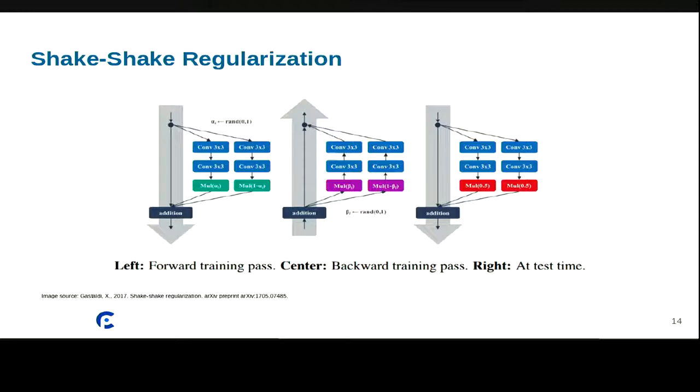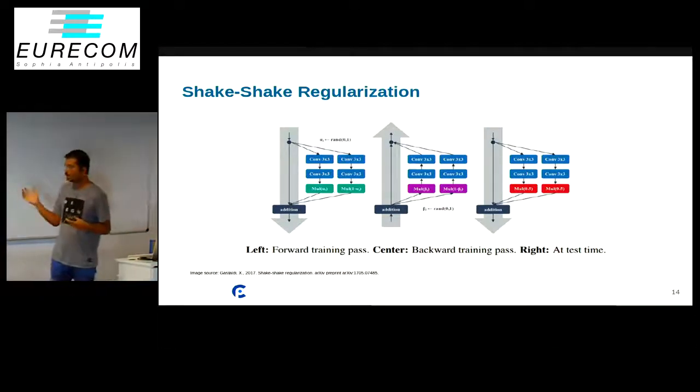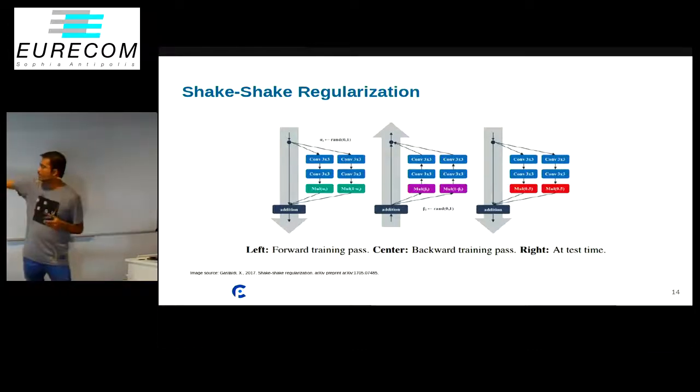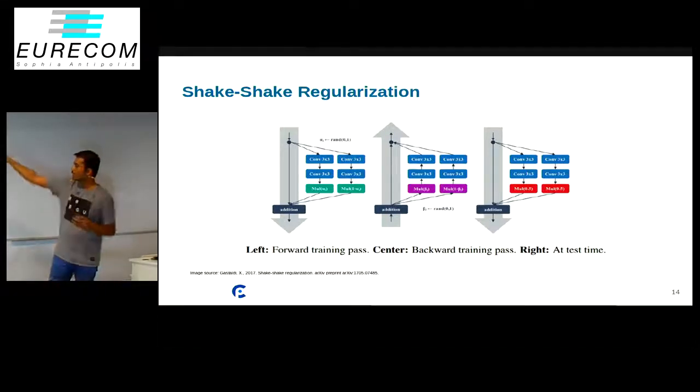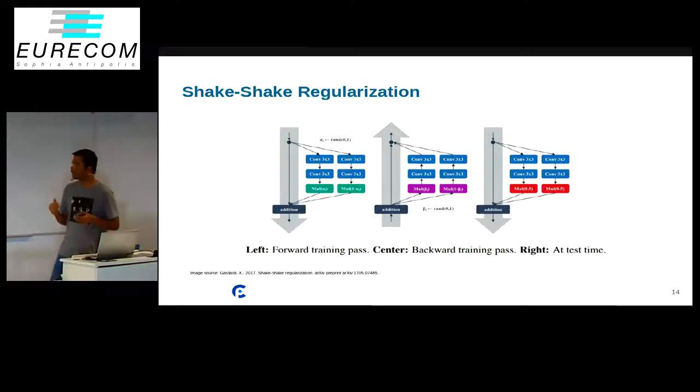We also use something called shake regularization, which is basically adding a kind of noise in the ResNet training. So in the forward pass, we have two copies of the same model, and we randomly add parts of both by selecting a random alpha.